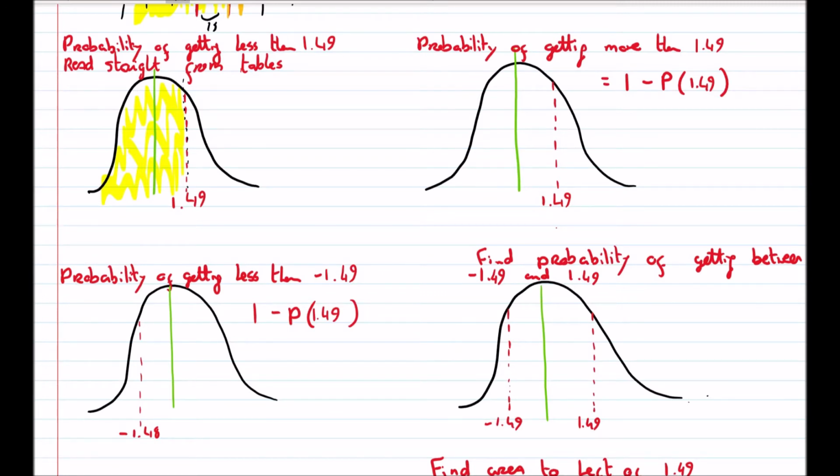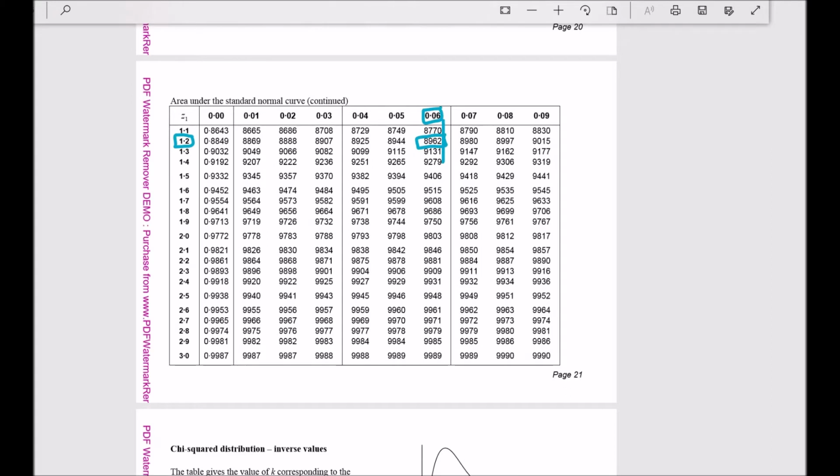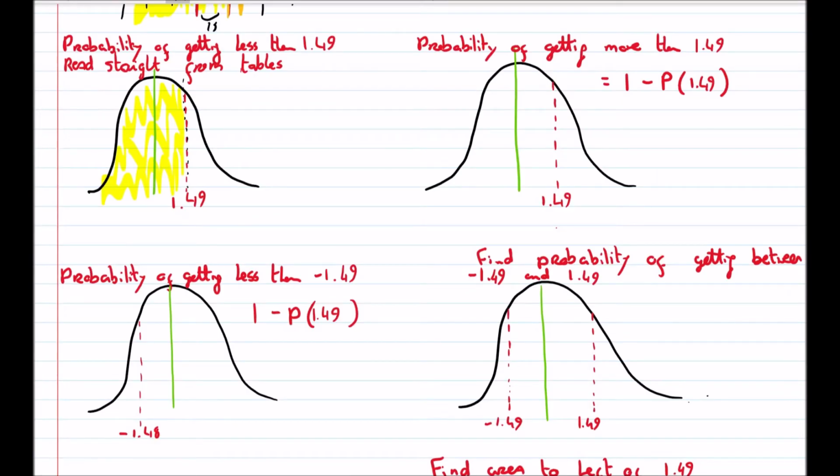For example, probability of getting less than 1.49, I just go to the tables, look at 1.49, which is here. So it's 0.9319.